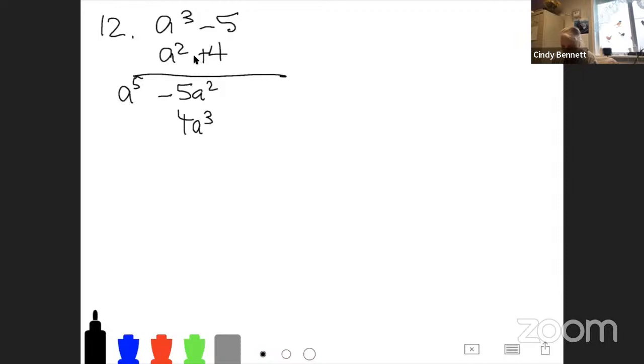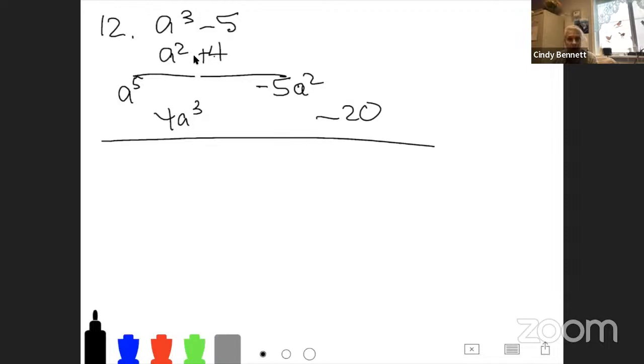Now you can see I don't have an a cubed on the top. So what I'm going to do is erase this and put minus 5a squared over here. Then I'm going to go back and do 4a cubed and then minus 20.